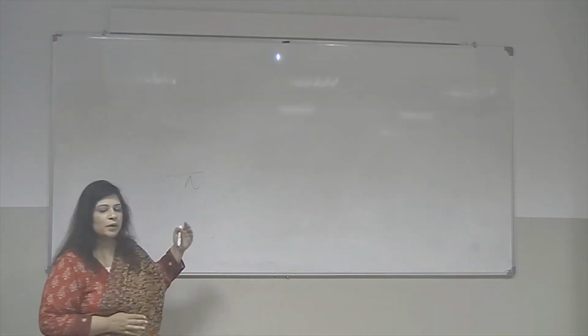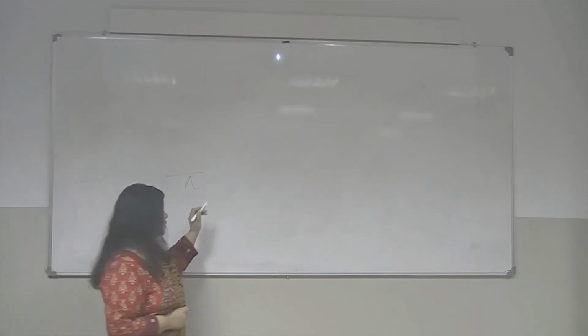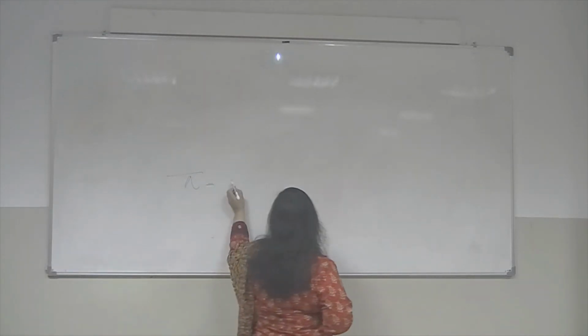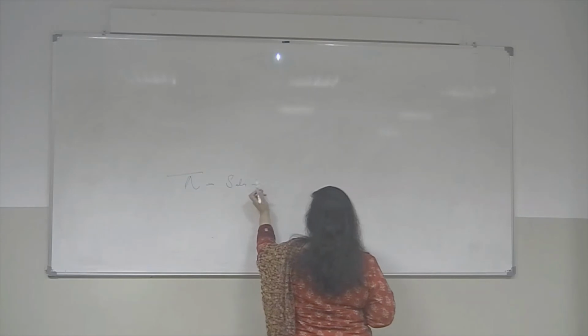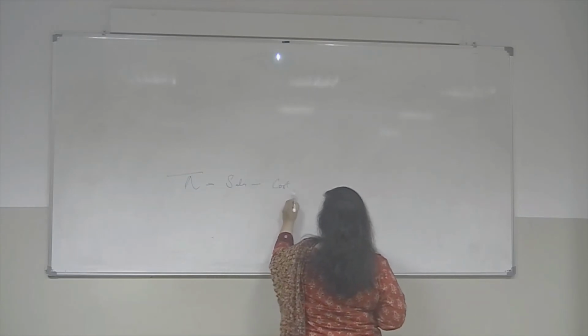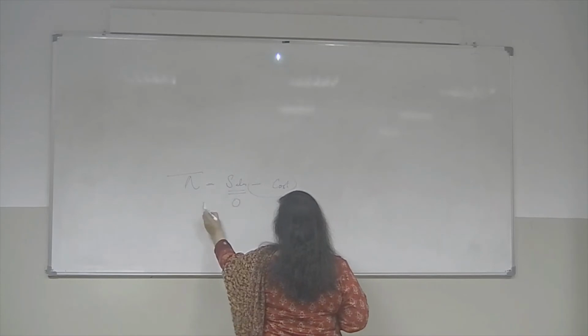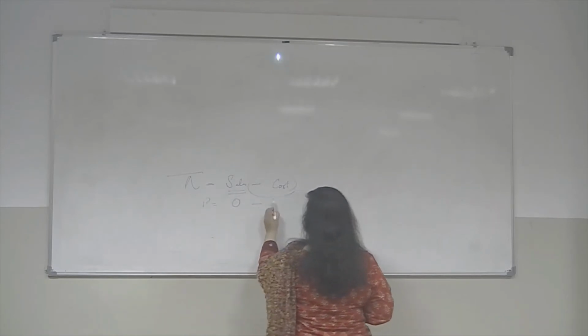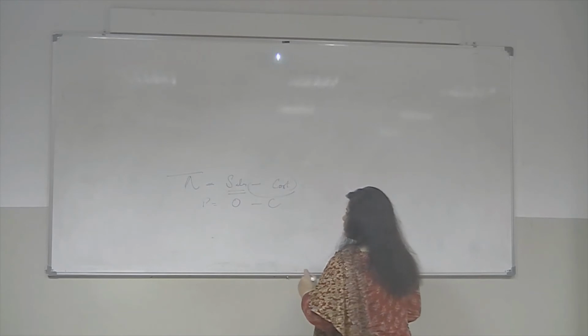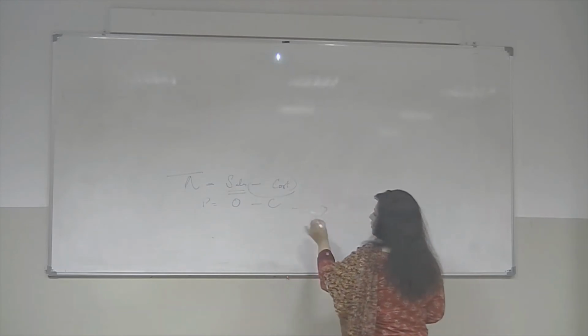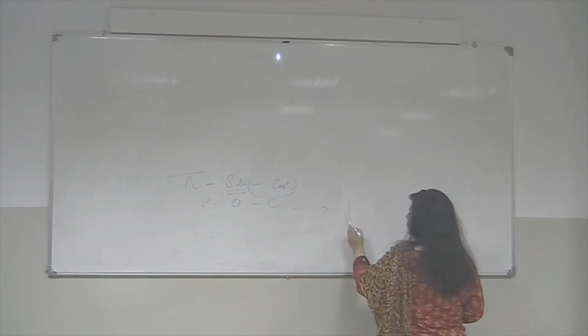Profit could be sales minus cost. So if sales are, let's suppose, 0, that means P could be equal to minus C. So when we talk about minimization, it means that cost has to be lowered.